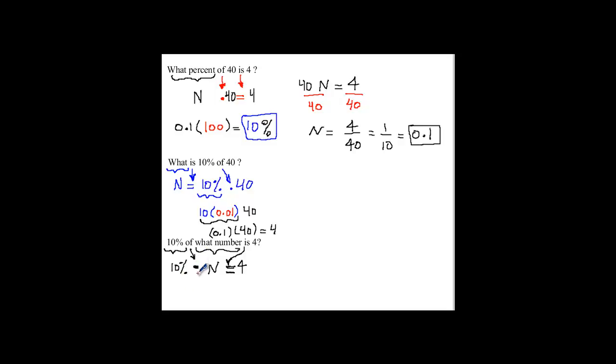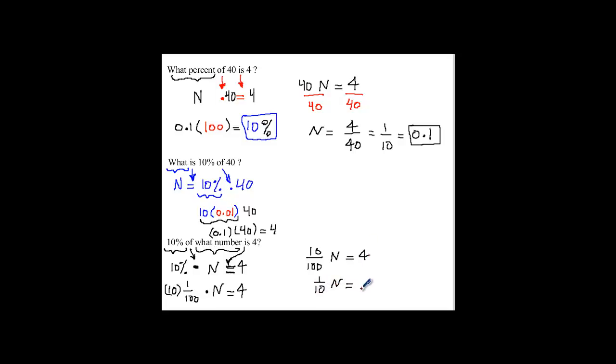So 10% of what number is equal to 4? 10% would be 10 times 1 over 100, or times 0.01, however you want to look at it. So this is like 10 over 100 n is equal to 4. So 1 over 10 n is equal to 4.